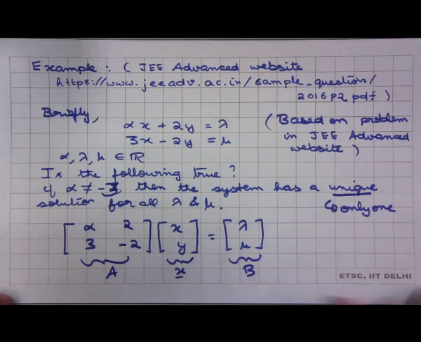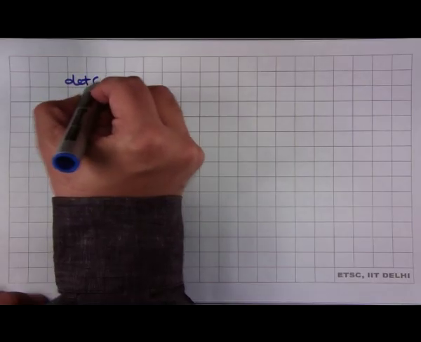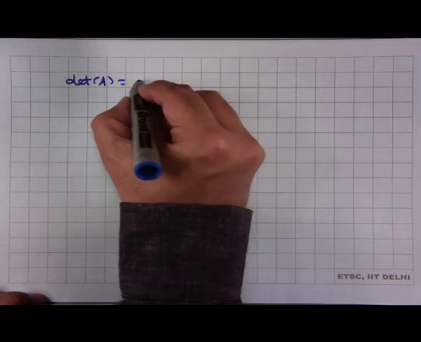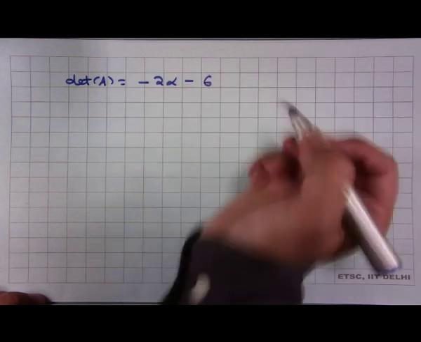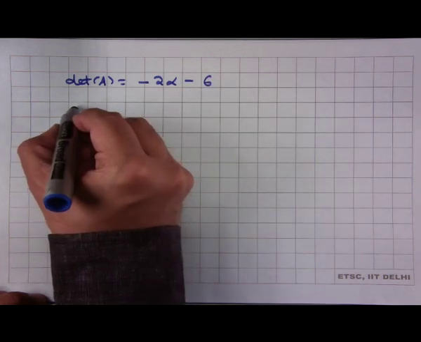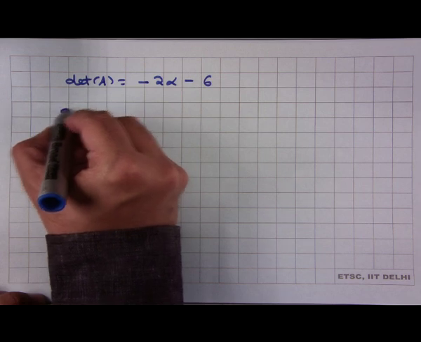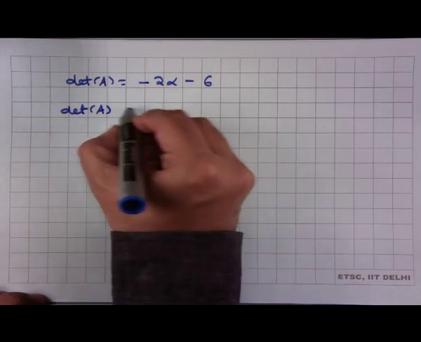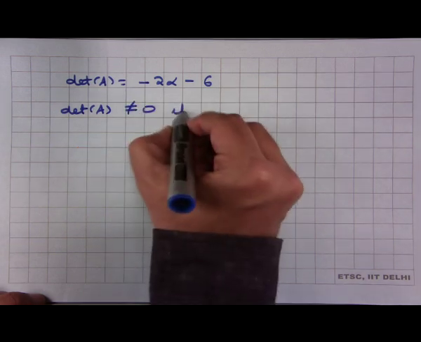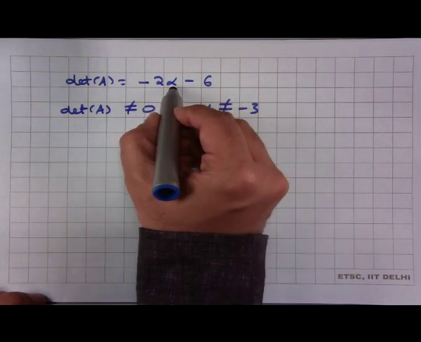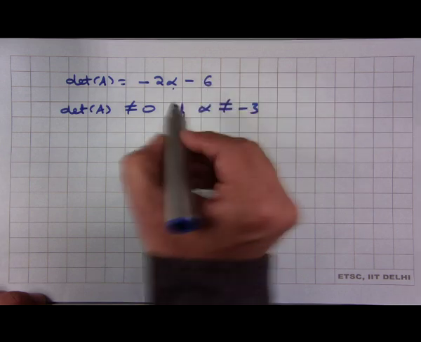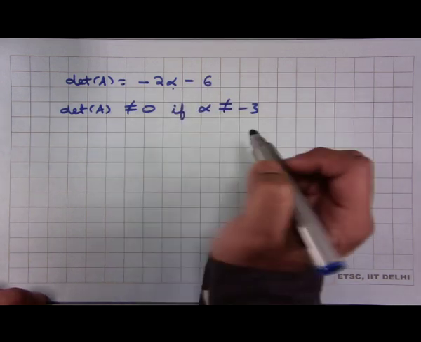So, first of all let us check whether it has a solution or not. How do we check that? We check that by first calculating the determinant of A. So, the determinant of A matrix is minus 2 alpha minus 6, and we note that this determinant is not equal to 0 if alpha is not equal to minus 3, because if alpha is equal to minus 3 then this determinant is 0, therefore, if it is not equal to minus 3 it is not 0.